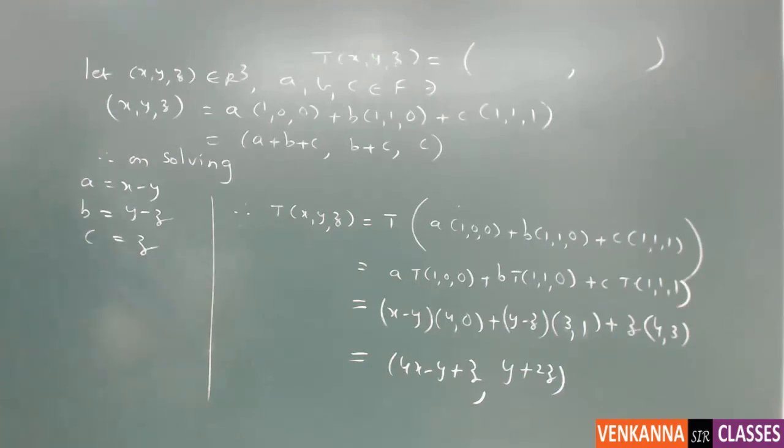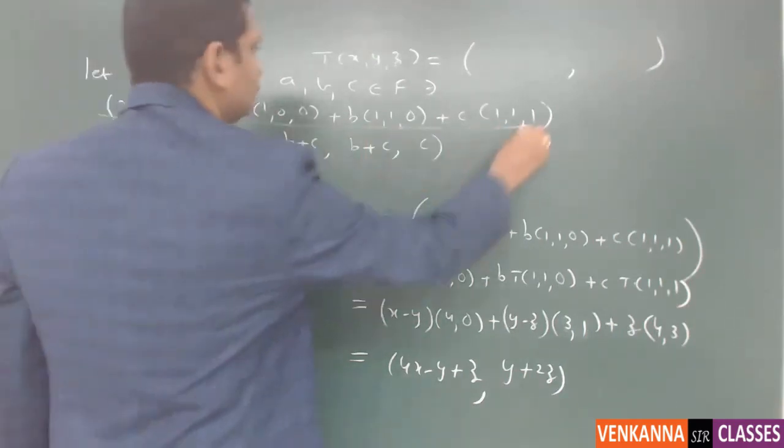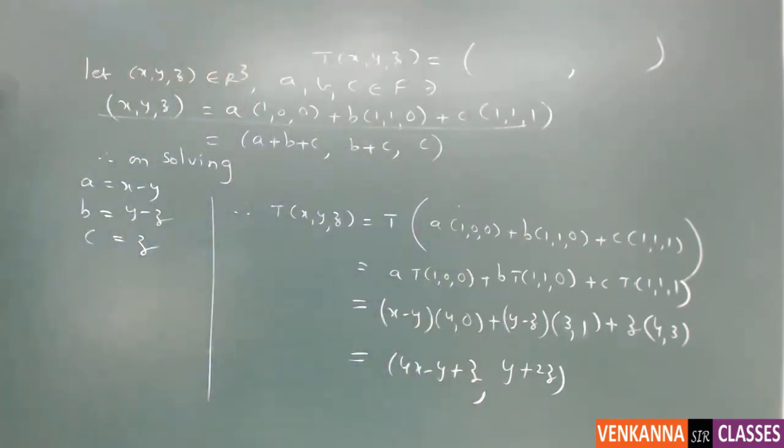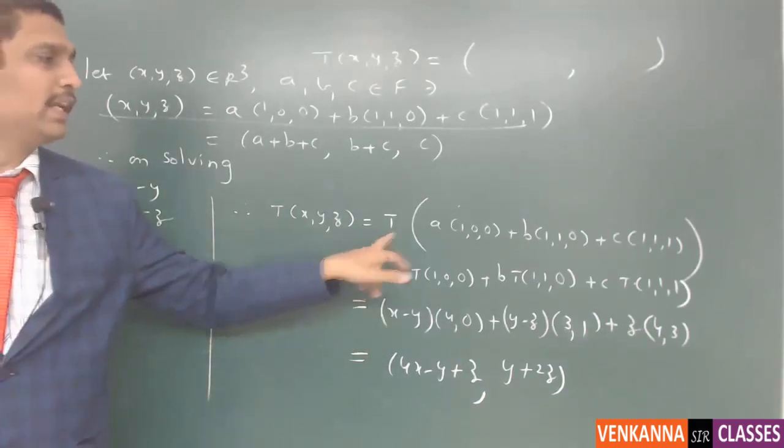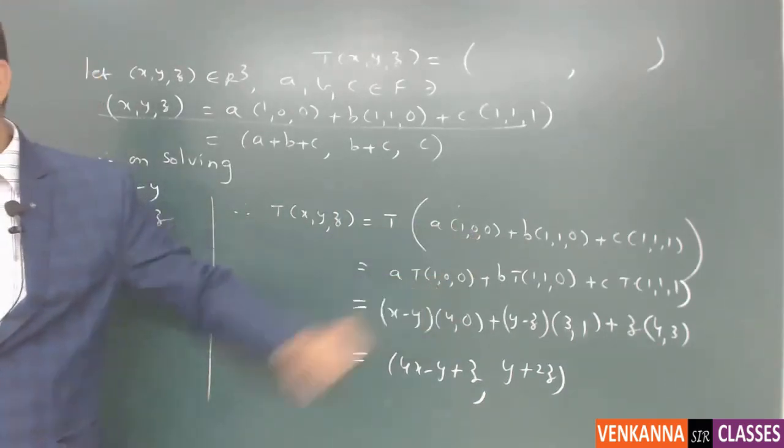Since this is a linear combination, I am going to apply T on both sides. So T of xyz is equal to T of the linear combination. Since T is a transformation, the scalar will come out and we apply T only to the vector.